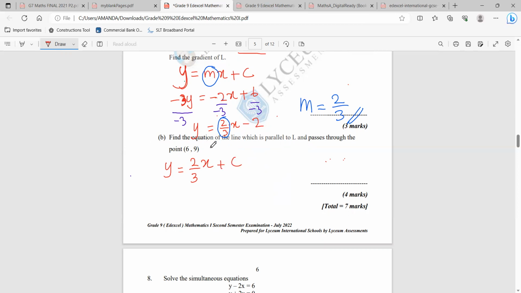So what's the information given? Find the equation of the line which is parallel to L and passes through the point. So it says this new line is passing through 6, 9.